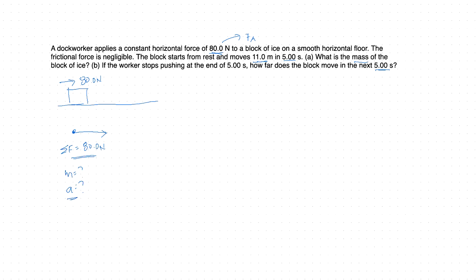If you can remember, we have 3 equations for uniformly accelerated motion. Since the acceleration is constant, we can use those equations. To recall, the first equation is that the acceleration is equal to the difference of the final and initial velocity over the time duration.